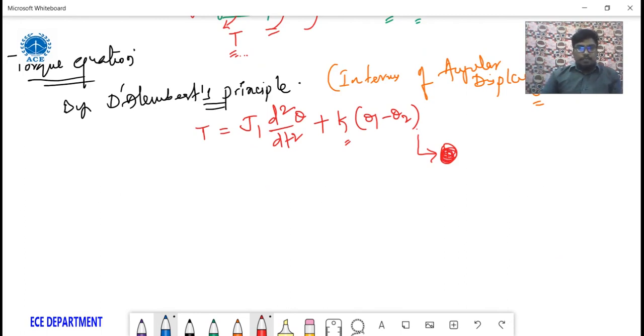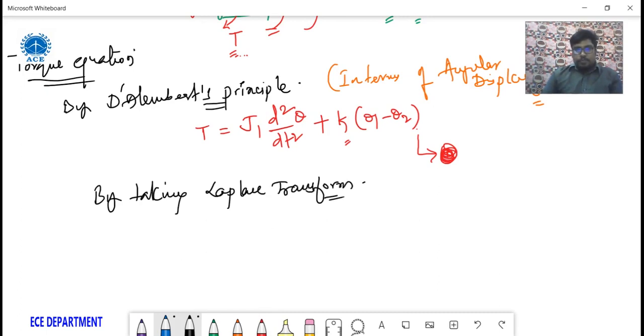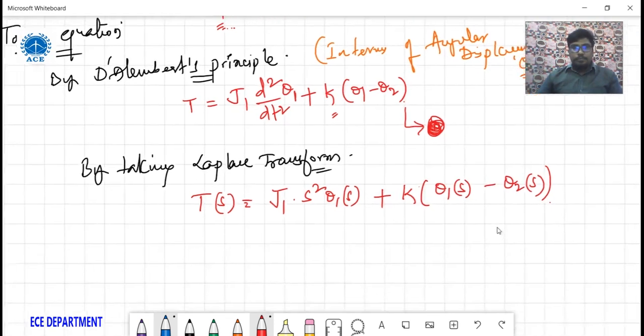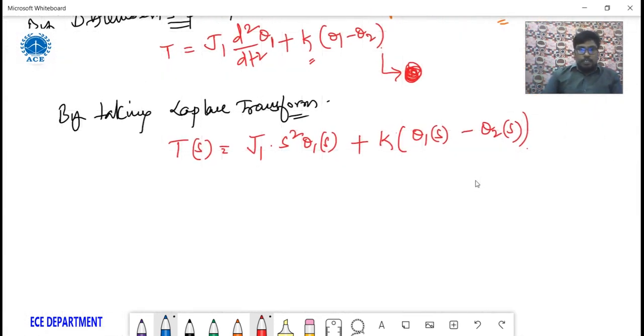So by taking the Laplace transform, T of S is equal to inertia element J1 into S square theta 1 of S plus K into theta 1 of S minus theta 2 of S. Now I'd like to simplify this.